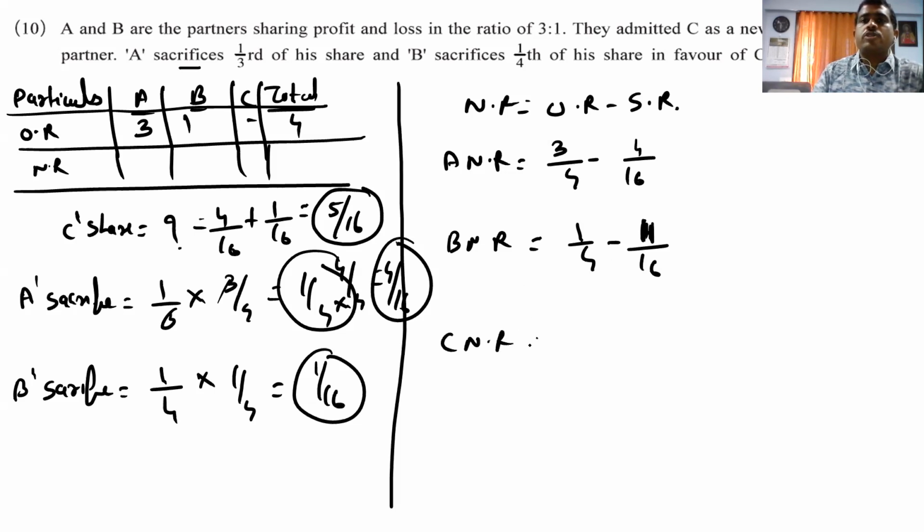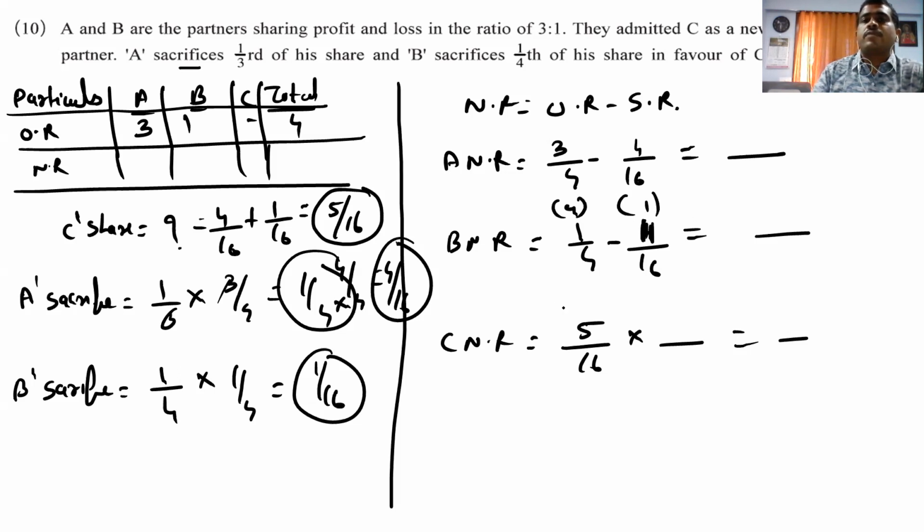C's new ratio, 5 by 16 into, let's see, 4 4s are 16, 4 3s are 12 minus 4 upon 16. It comes to us 8 by 16.